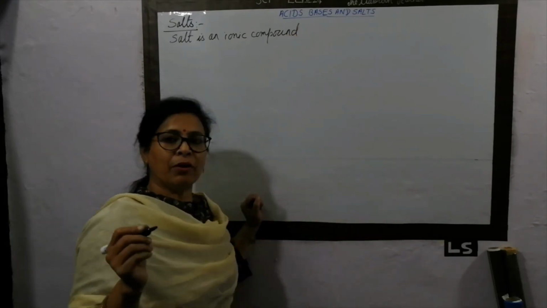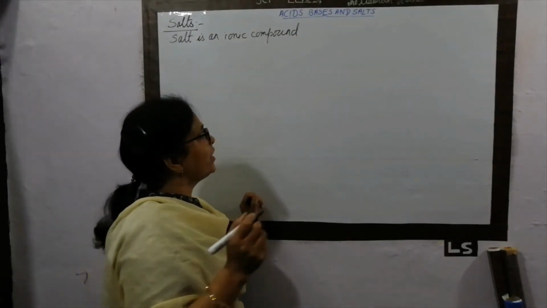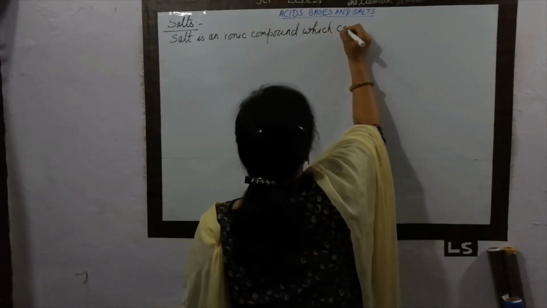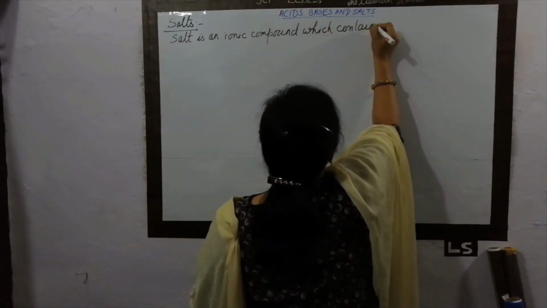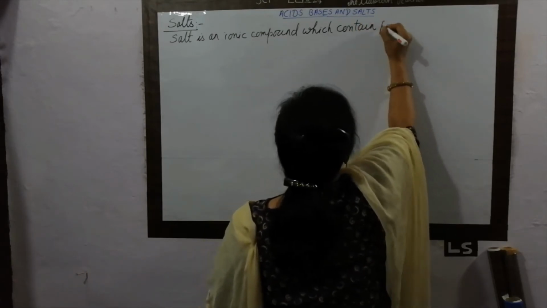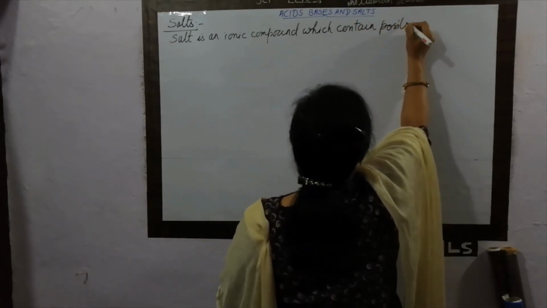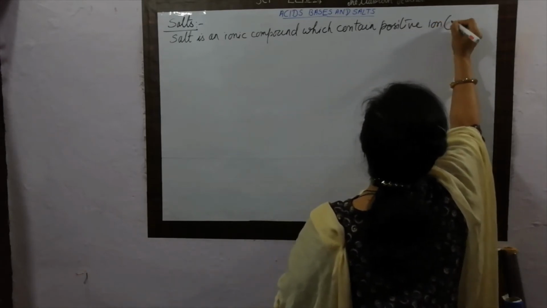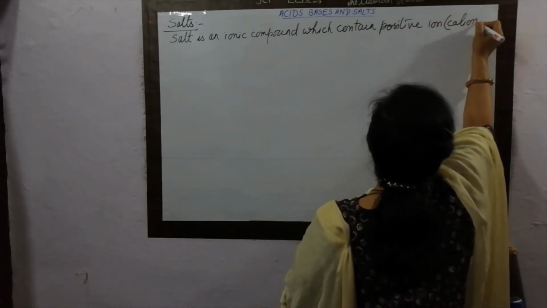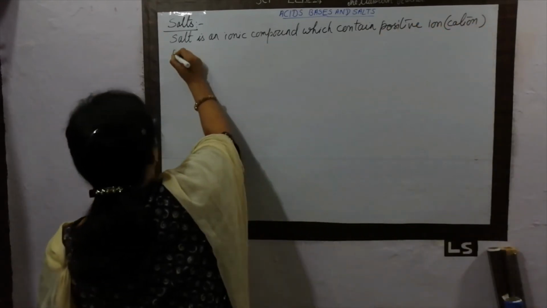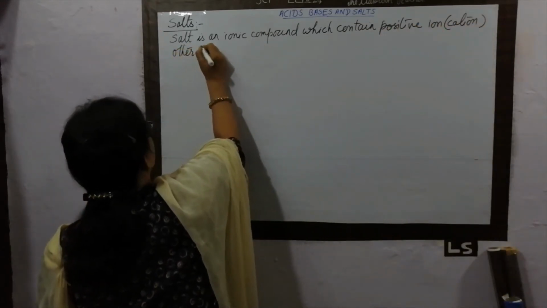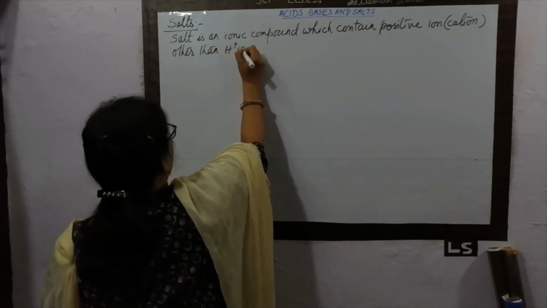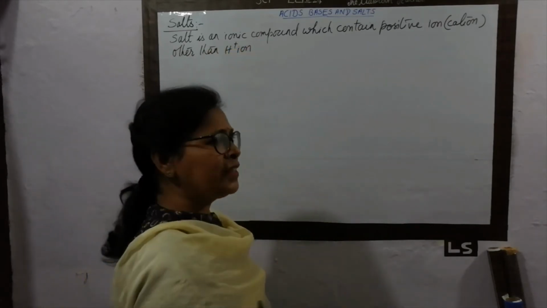It means it is made of ions only, which contains two ions: a positive ion, and we call the positive ion a cation, other than the H plus ion. If the H plus ion is there, it means it is an acid.